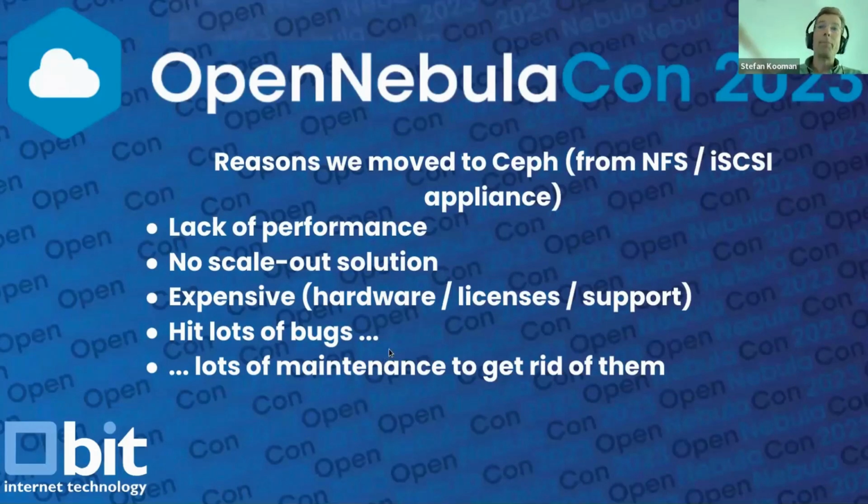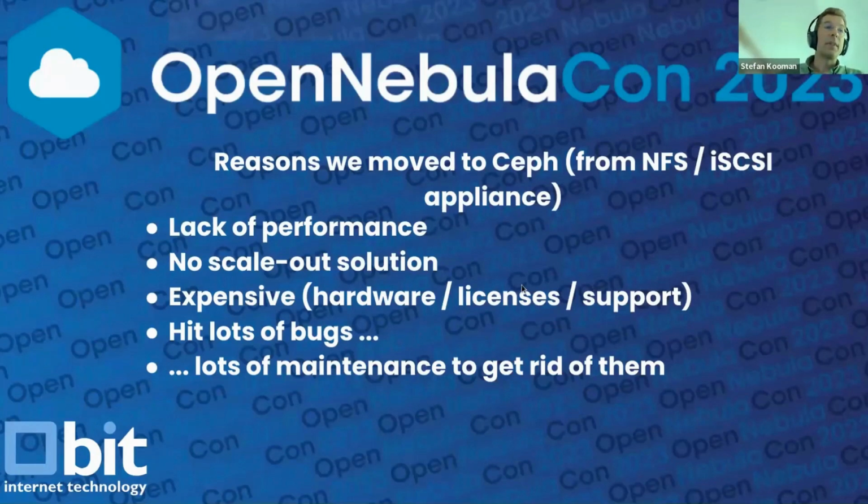And in the end, we actually never got rid of them. We just bumped into new ones. So does that say that Ceph is bug-free? No. Does Ceph need maintenance? Yes, it does. But it does scale better in terms of performance and also financially. You can just buy what you need instead of what you think you might need in the future.